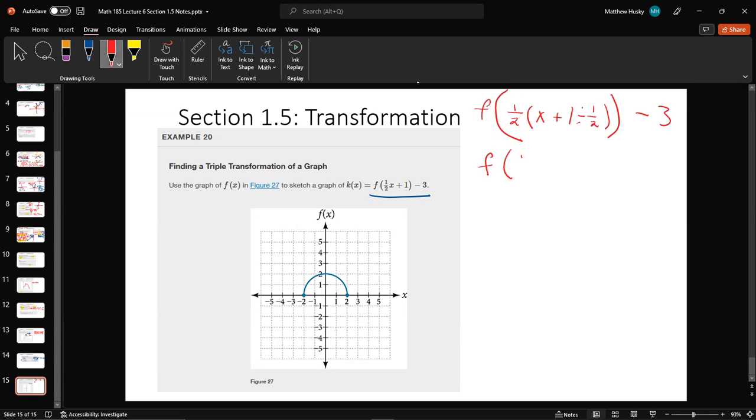So this is f of 1/2 (x plus 2), and then minus 3.